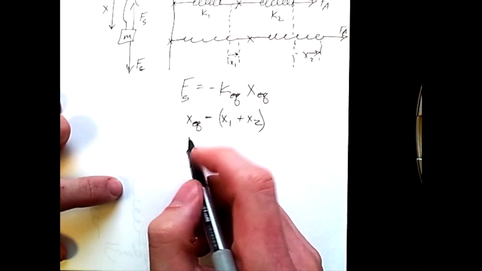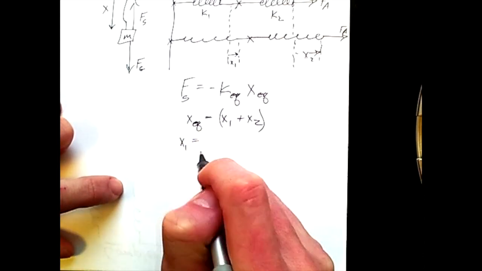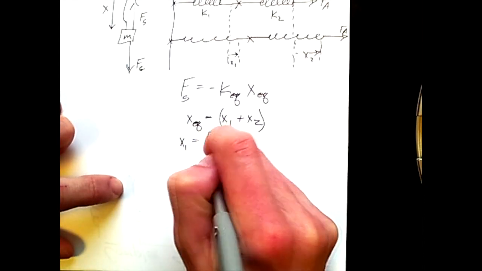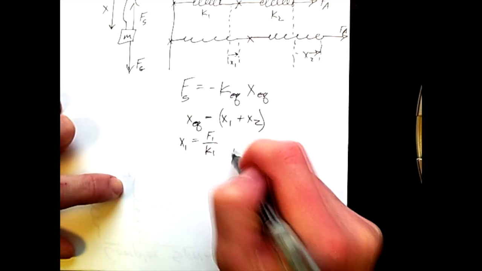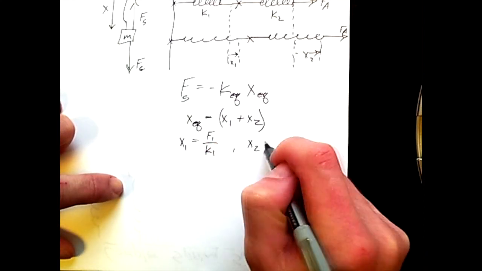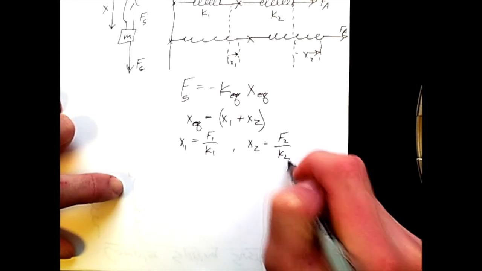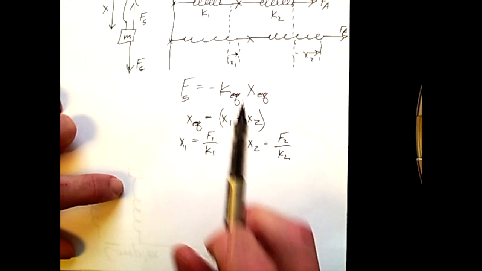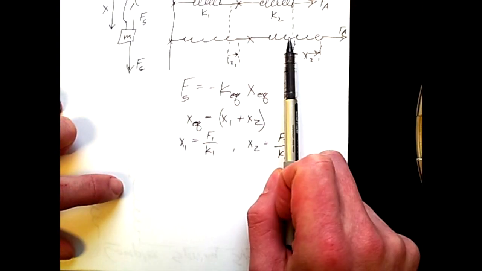And so what we're going to say is that x1 can be described as F1 divided by k1. And then, of course, x2 can be equal to F2 divided by k2, where this would be the force applied just to the first spring, and this would be the force applied just to the second spring.